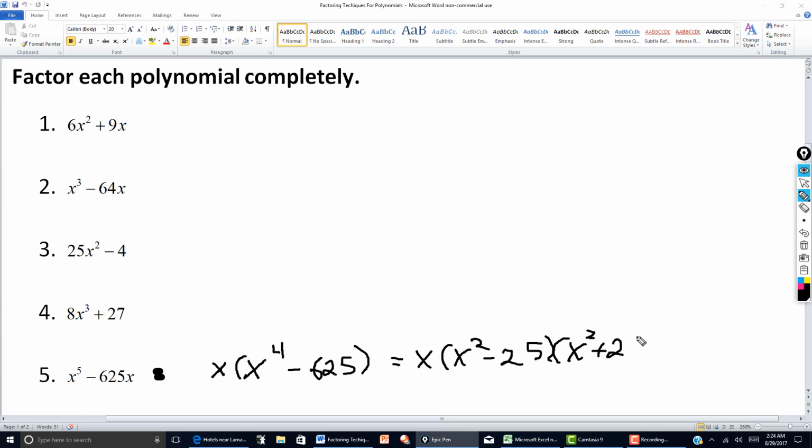Okay, x squared plus 25 is the sum of squares. Don't have a theorem for that. X squared minus 25 is a difference of squares. I do have one for that. So I can factor the middle factor into 2 additional factors. So the x squared minus 25 factors into x minus 5 and x plus 5.